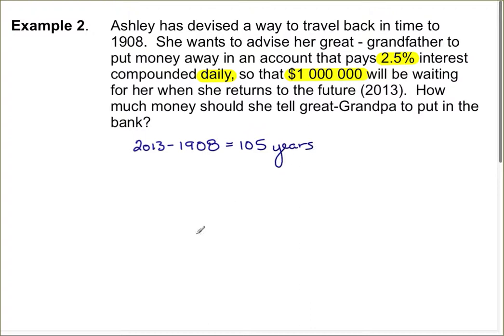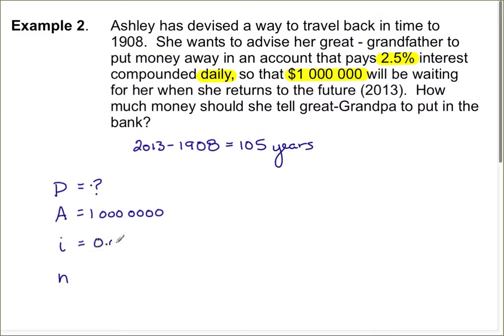This money is going to be invested for 105 years, and we want to know how much she wants to invest. So let's put our PAIN down the side. Principal is, we don't know. That's what we're trying to find. In the future, I want to have an amount of $1 million.